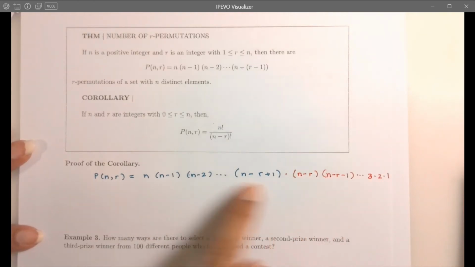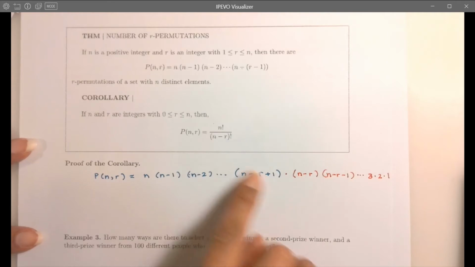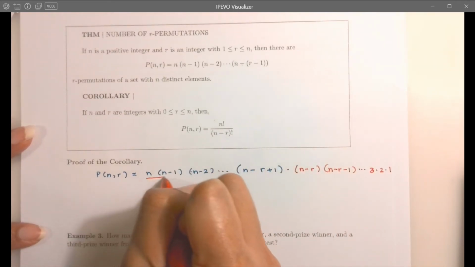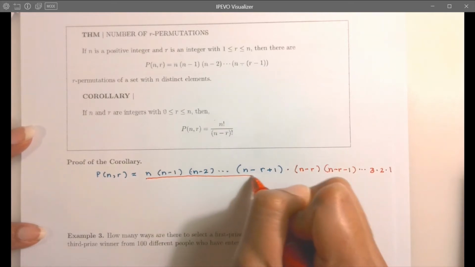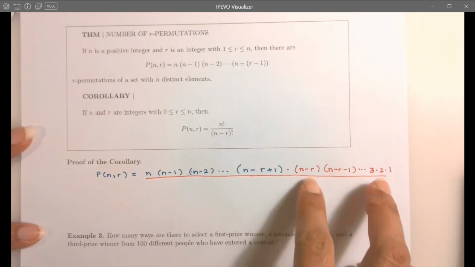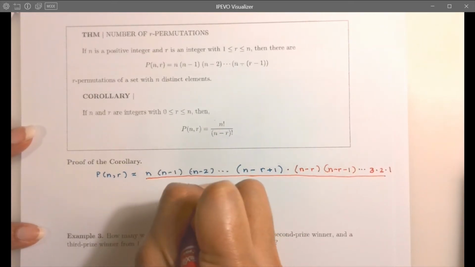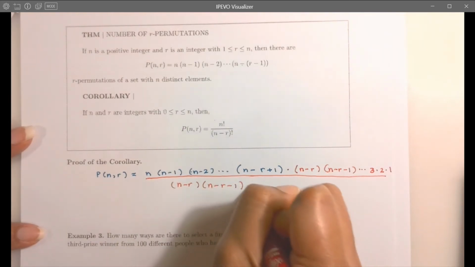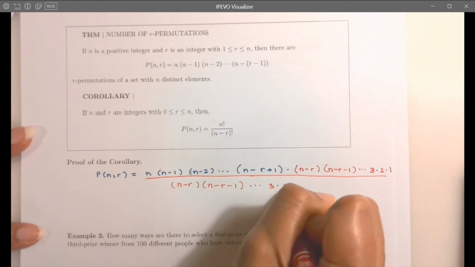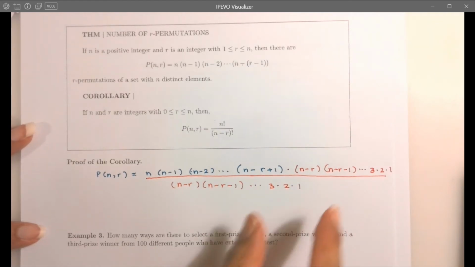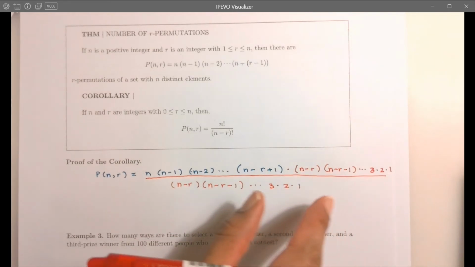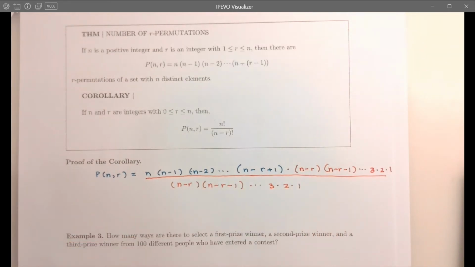But we can't simply multiply this quantity, because otherwise it's no longer the same value. So at the same time, we're going to be dividing by these factors: n minus r times n minus r minus 1 times all the way down to 3, 2, and 1. Essentially we're multiplying by a 1, but in the form of these products.